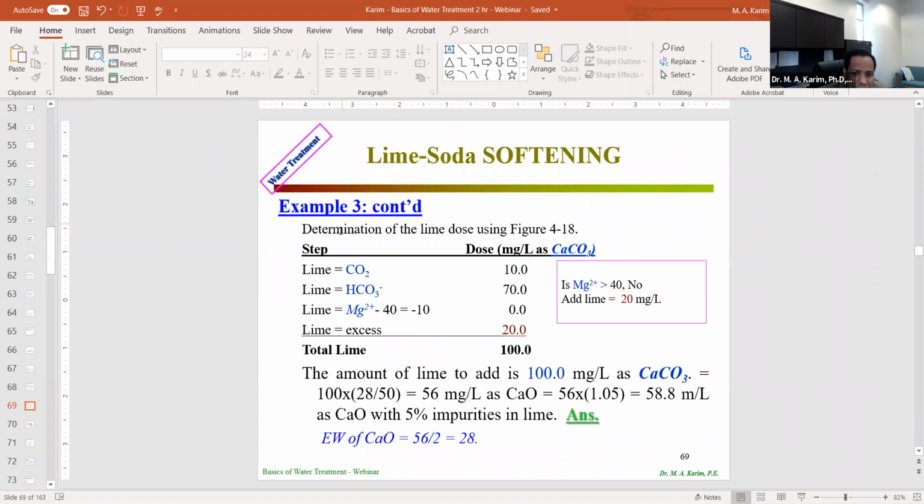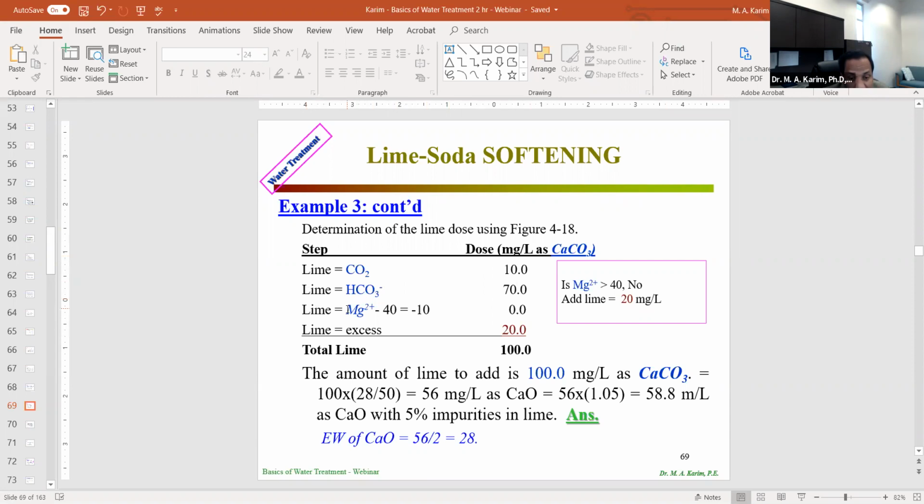So then we'll be doing the steps. This step came from the flowchart that I showed you. So the first line is the amount of carbon dioxide, which is 10. Then the second line is bicarbonate, which is 10. For magnesium minus 40, it is equal to negative 10, because magnesium was 30, right?